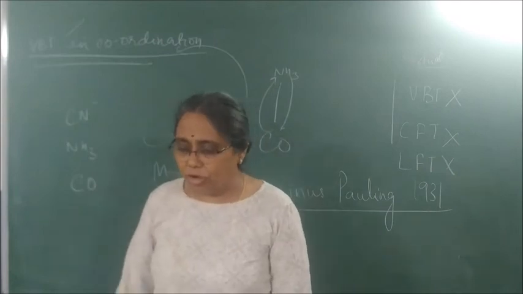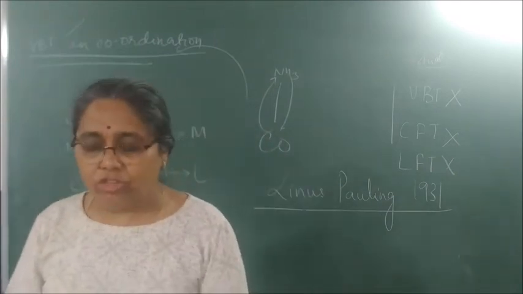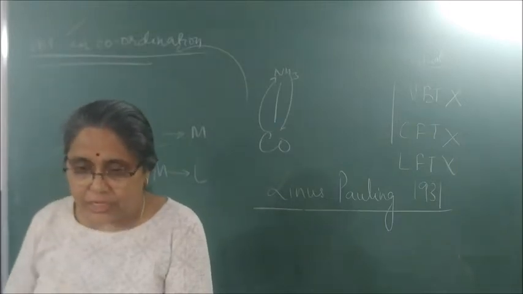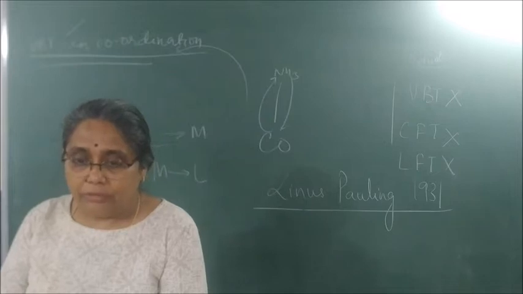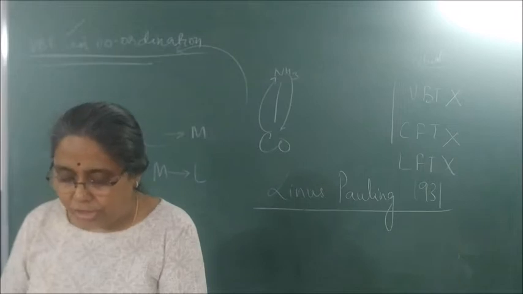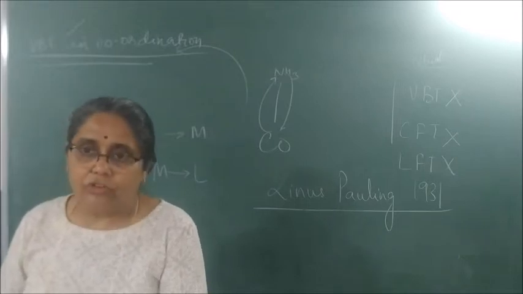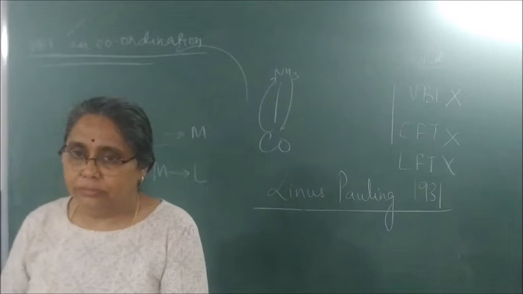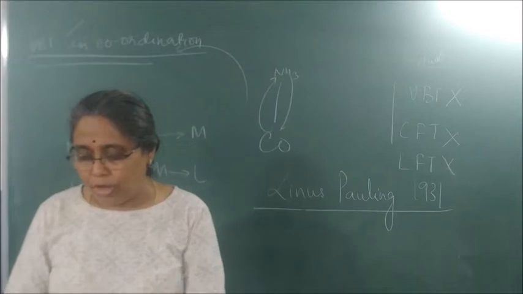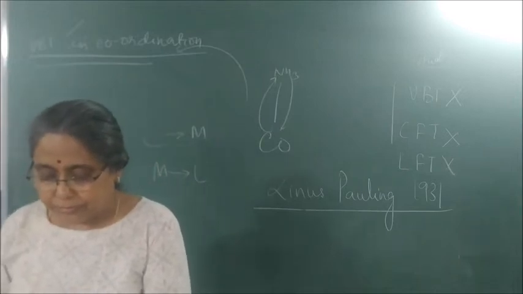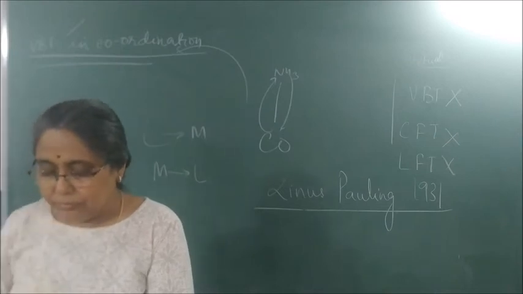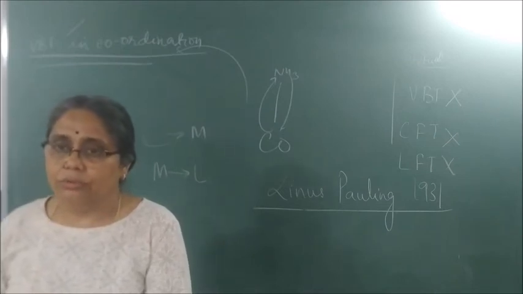In the presence of strong ligands like CN minus, NH3, etc., the unpaired electrons present in the central metal atom or ion are forced to pair up against Hund's rule.